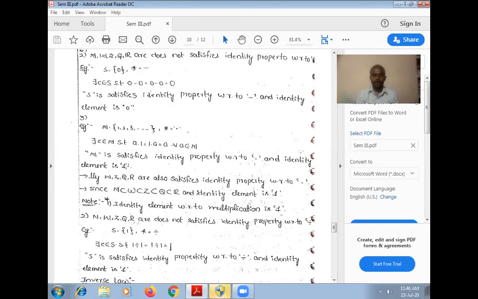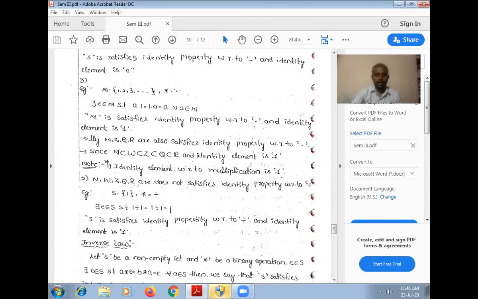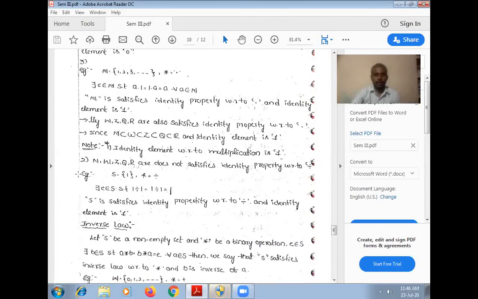So after multiplication, another binary operation we have here is divide. But star equal to divide on N, W, Z, Q, R also does not satisfy the identity property with respect to divide. Only one example satisfies the identity property with respect to divide: the set S equal to the single set of 1.